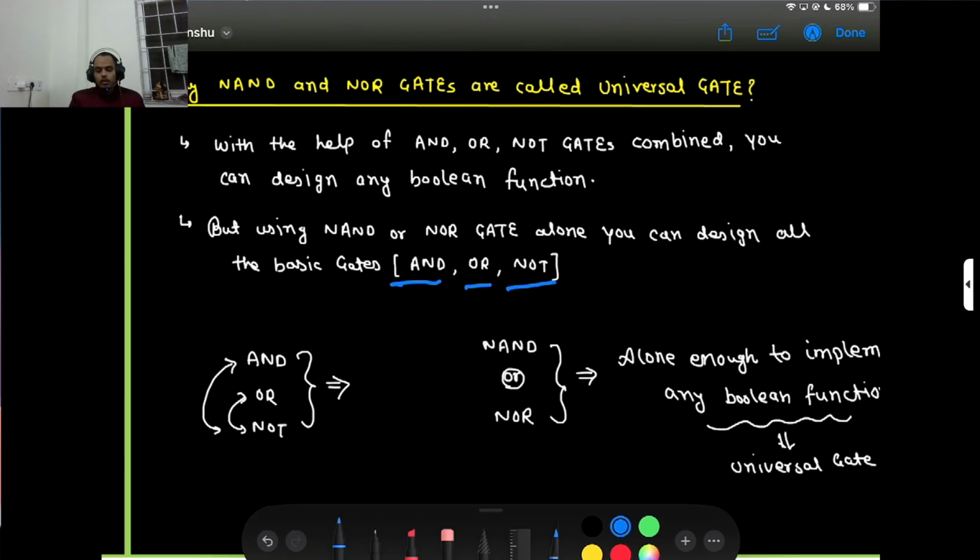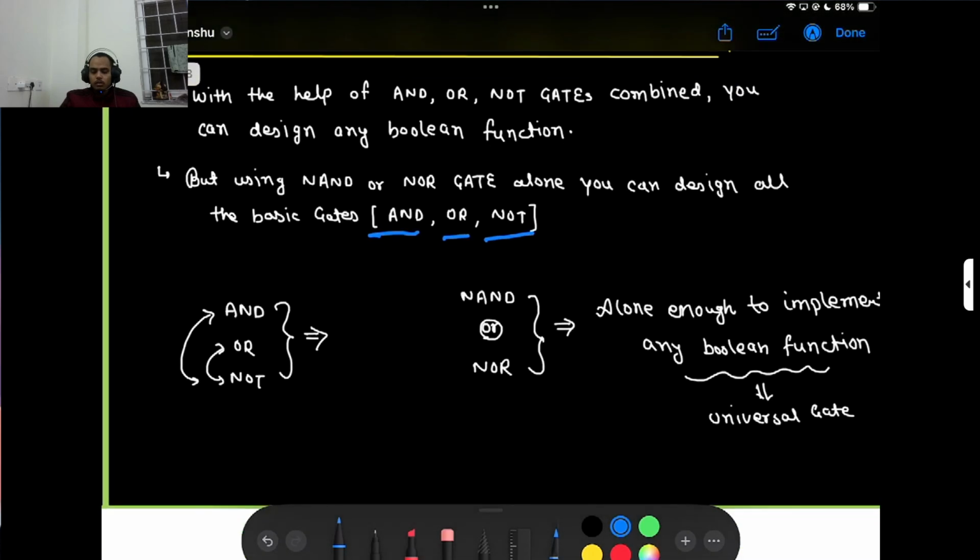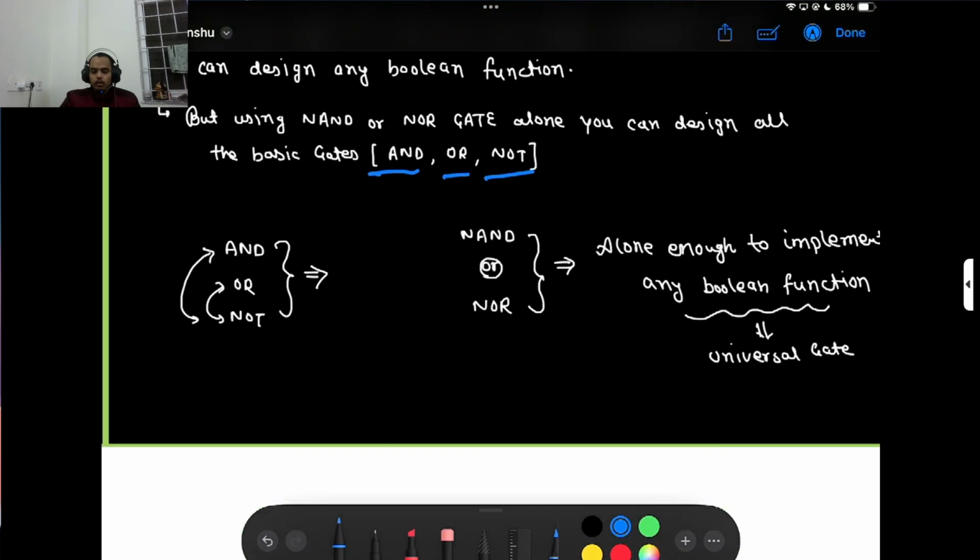You can design a NOT gate by using a NAND gate or a NOR gate. You can design an AND gate also, and an OR gate. So these gates alone can make any Boolean function. That's why they are called universal gates.